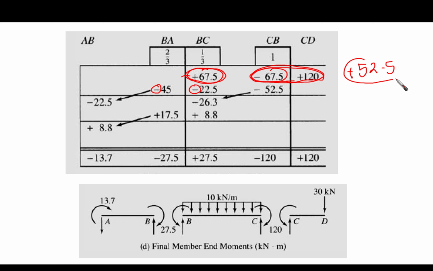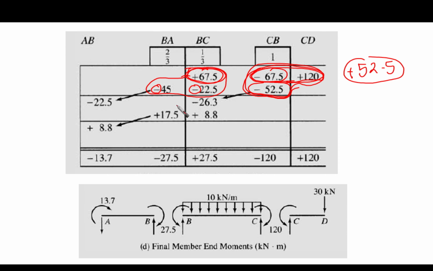This is the unbalanced moment at point C. All of it is going to be carried by the span BC, so we put it here, minus 52.5. Then draw the line, because this line means that this cell is balanced now. The summation is 0 here, and the summation of all of these three moments is 0 also.